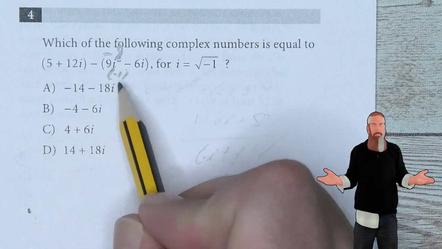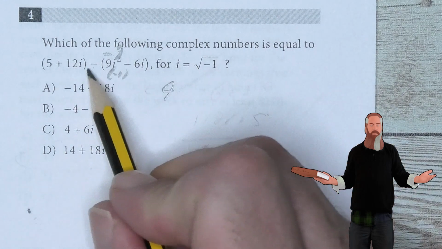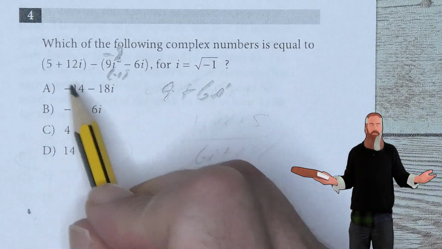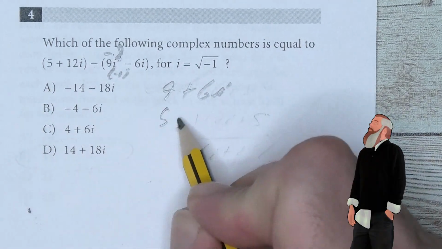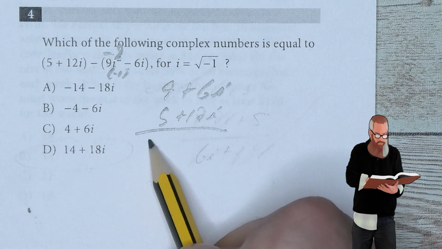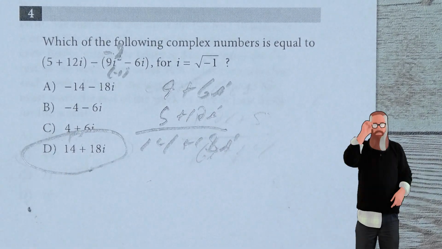Now let's get rid of all these parentheses. Negative times negative 9 is a positive 9. Negative times negative 6i is a positive 6i. Getting rid of these parentheses is easy because it all just copies down as it is. And now we combine like terms so that we get 14 plus 18i, meaning D is the answer.